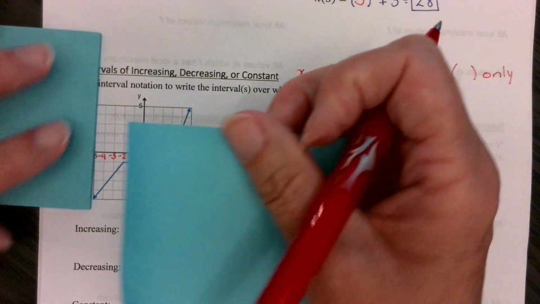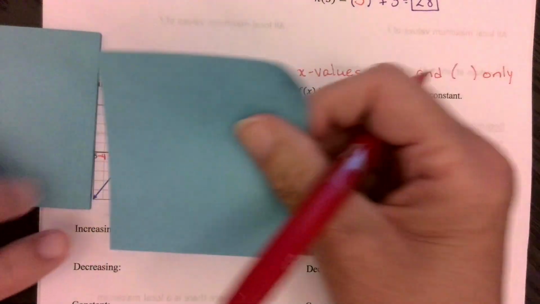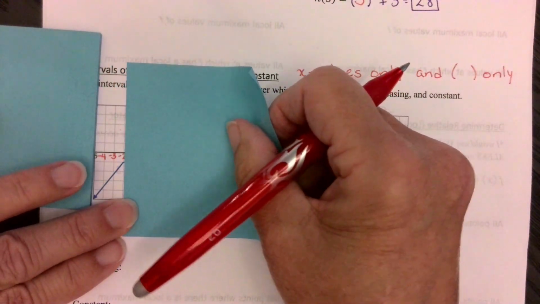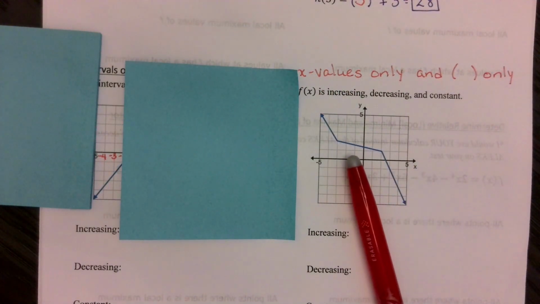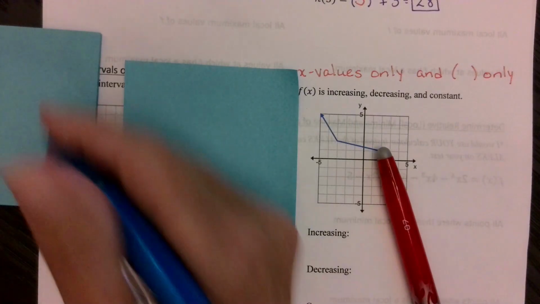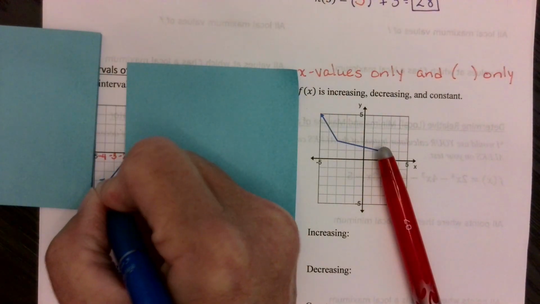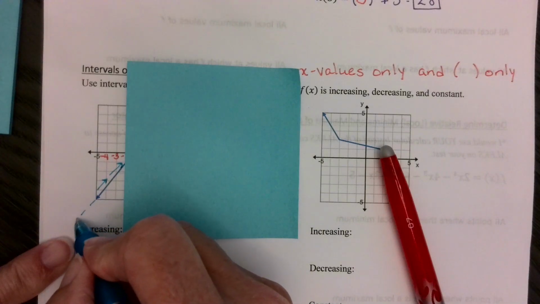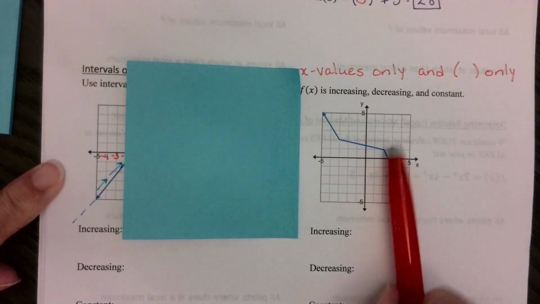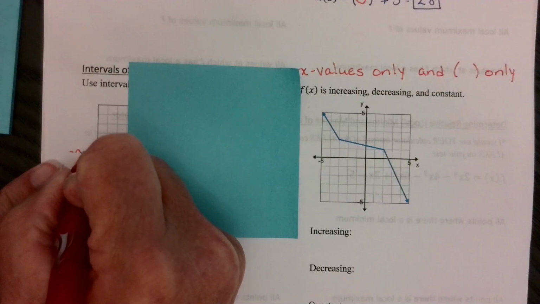All right, from here, now we start left and go right. See how it increases? It goes up. From this point, actually, really from here, because it keeps going, this is going towards negative infinity.